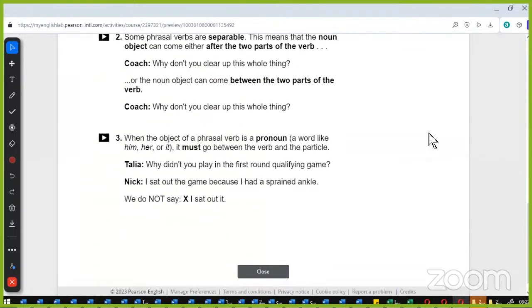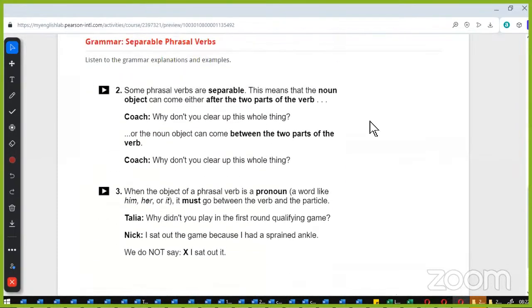Okay, thank you. Let's move on to number two and three. Some phrasal verbs are separable. This means that the noun object can come after the two parts of the verb. The coach says, "Why don't you clear up this whole thing?" Or the noun object can come between the two parts of the verb. Why don't you clear this whole thing up?